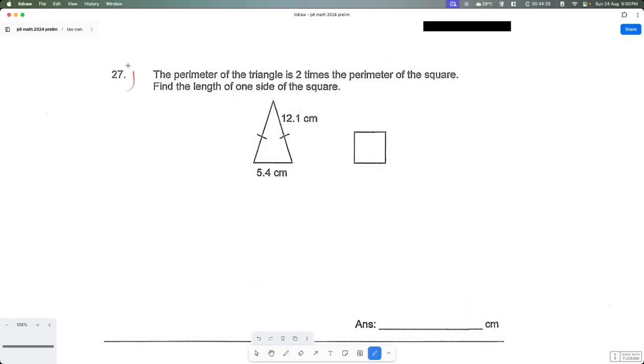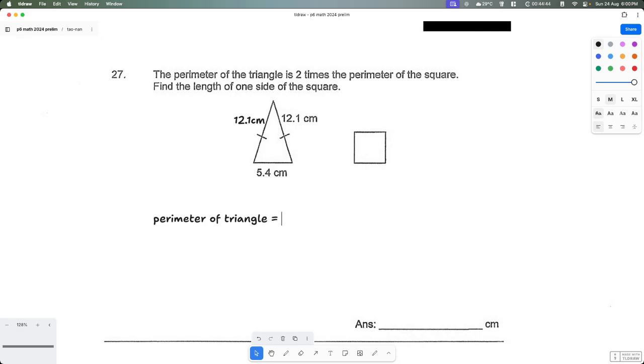All right, let's move to question 27. The perimeter of the triangle is 2 times the perimeter of the square. Find the length of one side of the square. So we know that one side is 12.1, which means the other side is 12.1 centimeters as well. So the perimeter of the triangle is equal to 12.1 times 2 plus 5.4, which is equal to 24.2 plus 5.4, which is equal to 29.6.